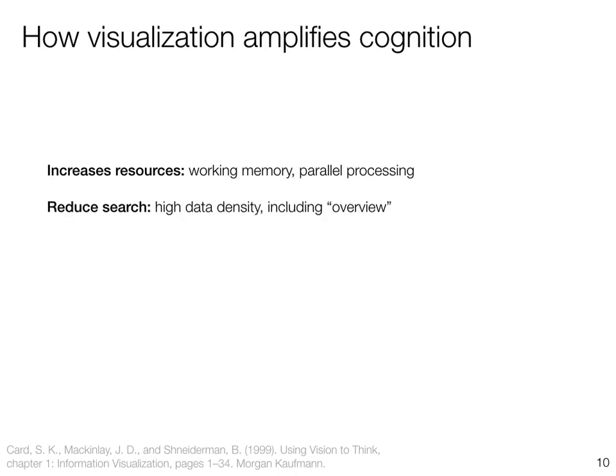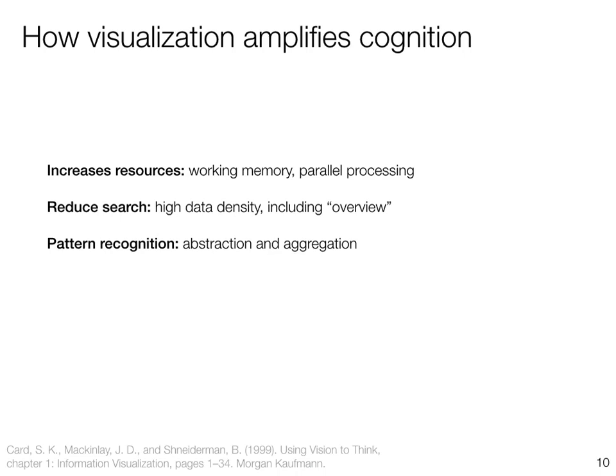It also allows us to reduce the search in the sense that we can actually quickly get an overview of a high data density display and spot outliers or particular patterns that we want to find.